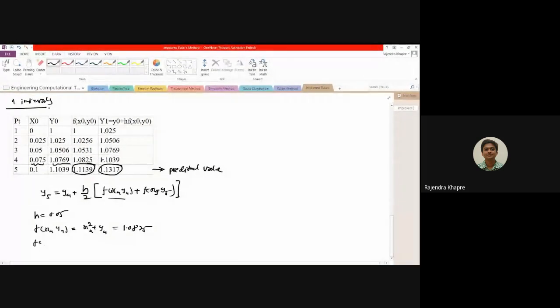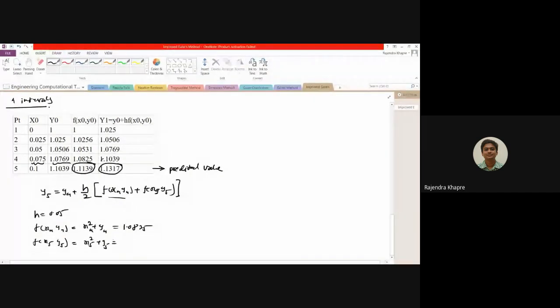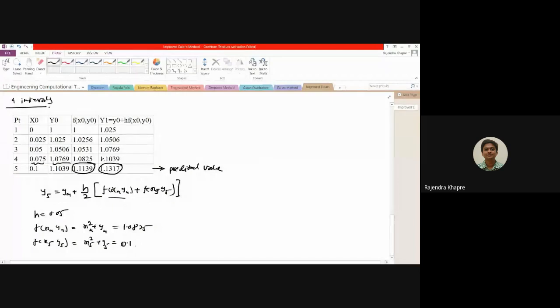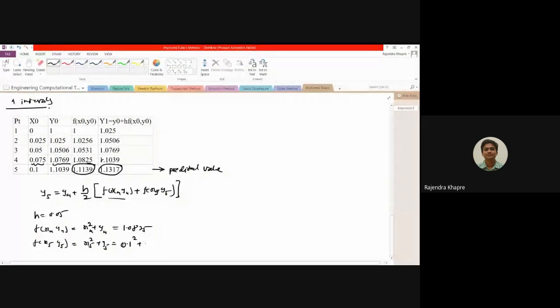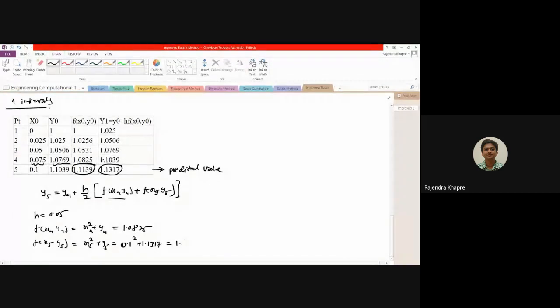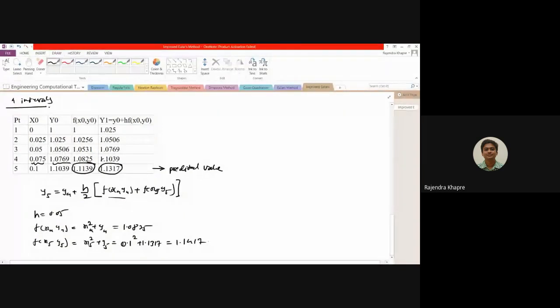But now f of x5 y5 has to be calculated as x square plus y. The predicted value should be used. So the value is 0.1 square plus 1.1317. How much is this? 1.1417. So all we have to do is substitute these values.